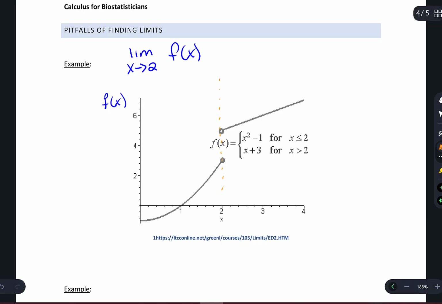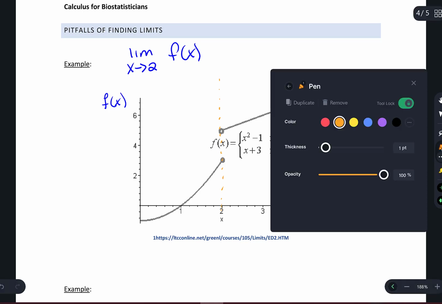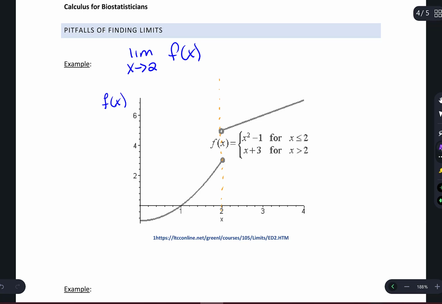So let's draw a dotted line here where x is equal to 2. Now next, notice that as we approach 2 from the right, we're approaching this point right here. And if we look across here, what that's equal to is approximately 5.